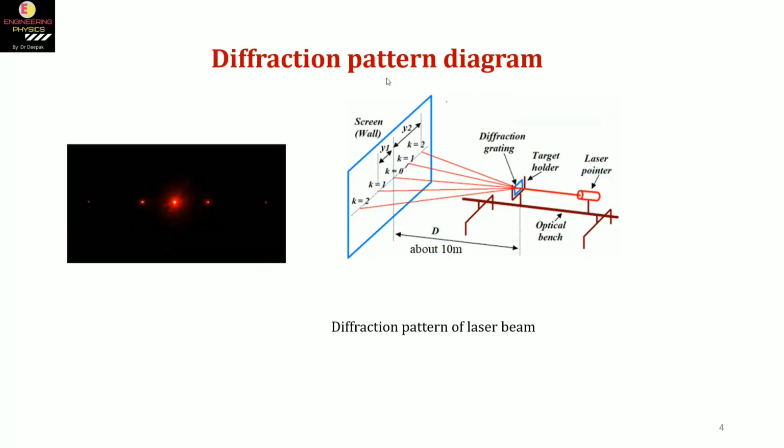In the diffraction pattern observed on the screen, this is the central maxima, or zero order, then the first, then the second order. In a similar way, on the left-hand side, the first order and then the second order are observed on the screen.